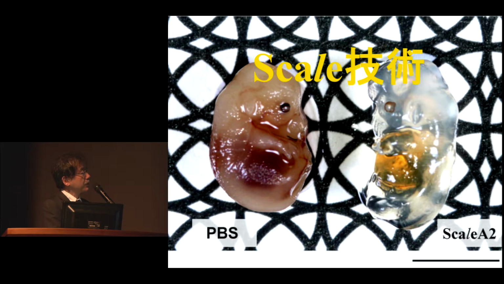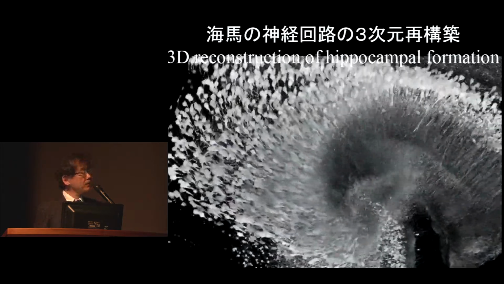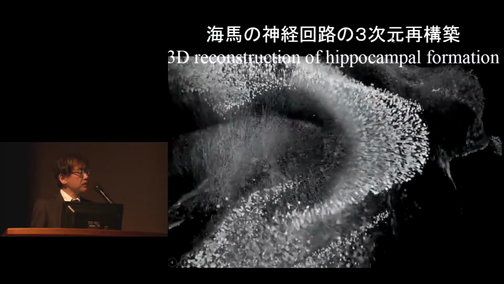And ScaleA2 can clarify fixed biological samples, and ScaleA2 can eliminate light scattering. Okay. But it doesn't eliminate light absorption. So ScaleA2 preserves the color information. Okay. And we already showed many examples of large-scale 3D reconstructions of GFP-expressing cells and neurons.